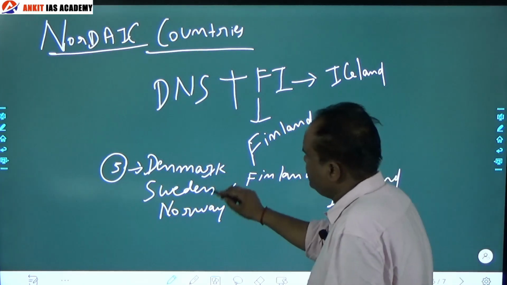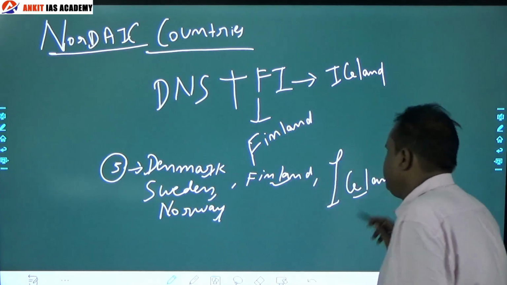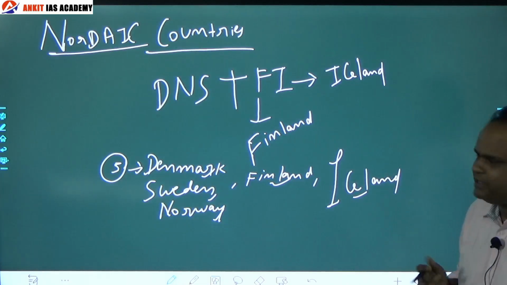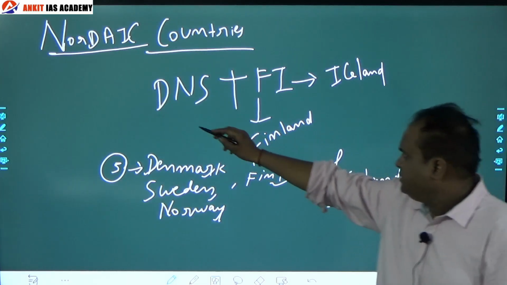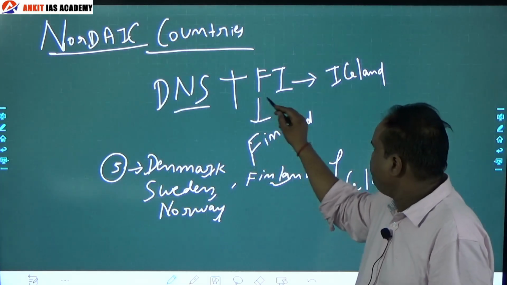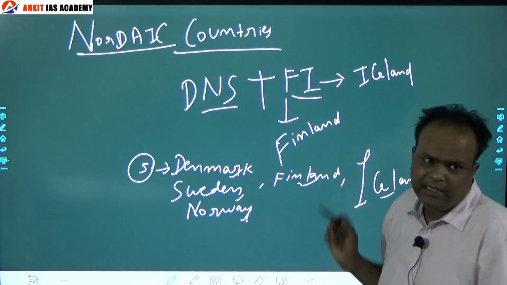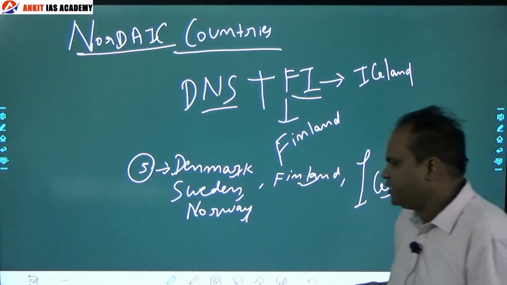There are a total of 5 countries. Just remember DNS plus FI. So you can easily handle this in your exam.